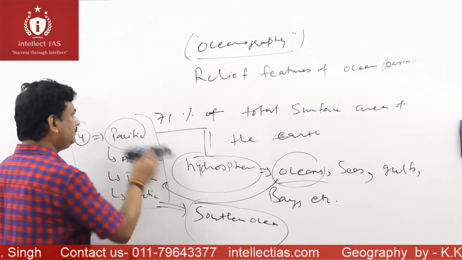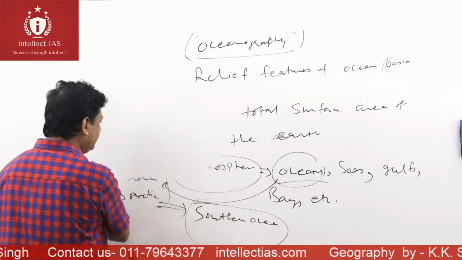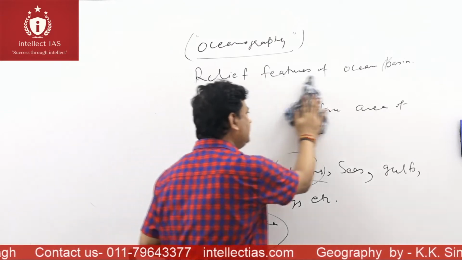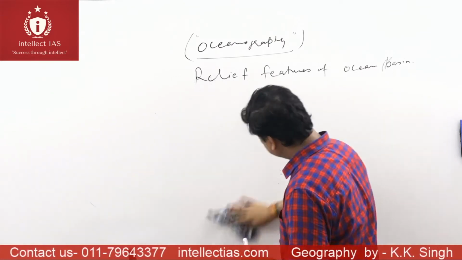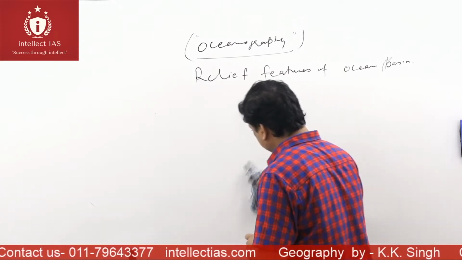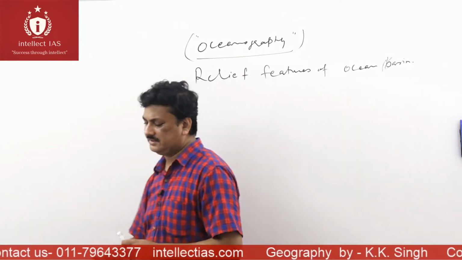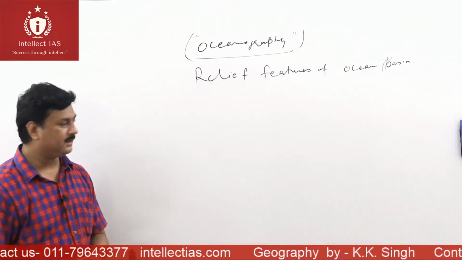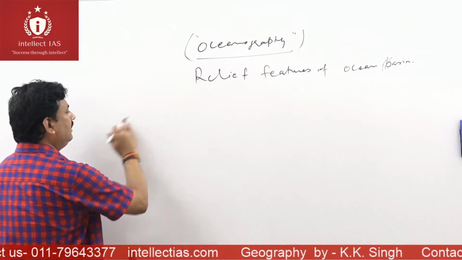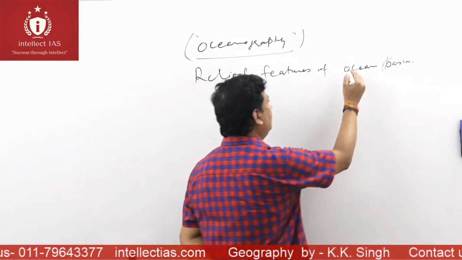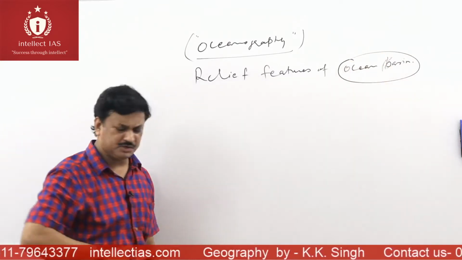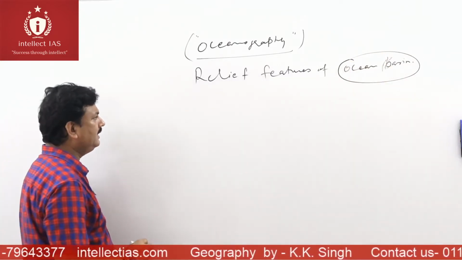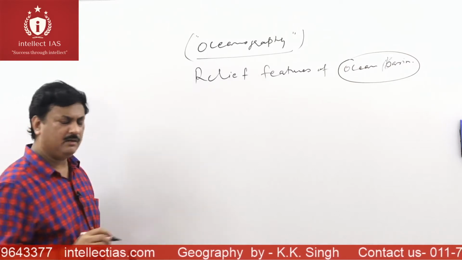Now look here, the surface of the ocean is just like the surface of the earth, and there is a term called ocean basin. Ocean basin is the land under the water of the ocean.